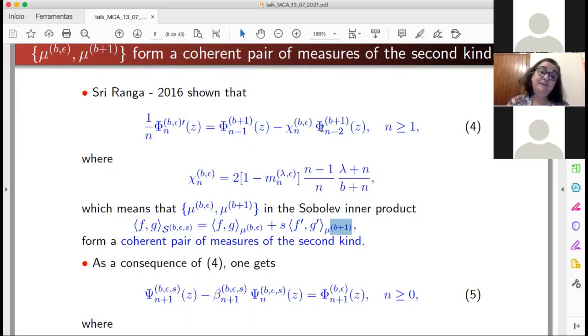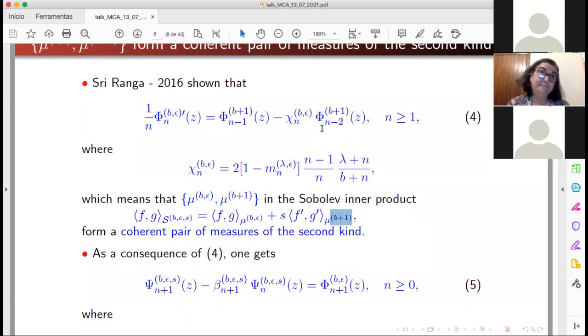From this property, the best way to use it was to get that the Sobolev orthogonal polynomial with respect to this inner product can be written in terms of the orthogonal polynomials of this measure. But we have here two Sobolev polynomials written in terms of one. So when we know information about these coefficients, we can get more information about the Sobolev polynomials.